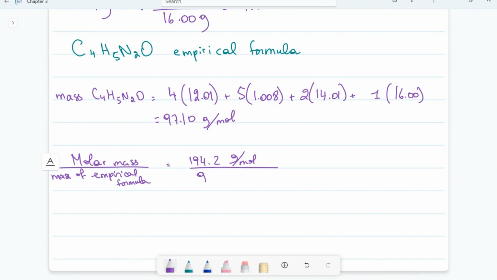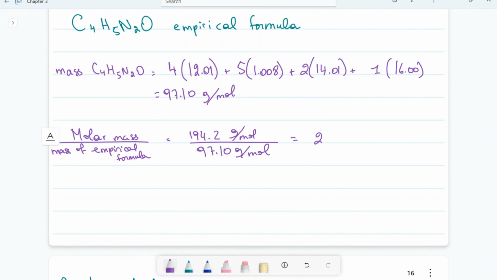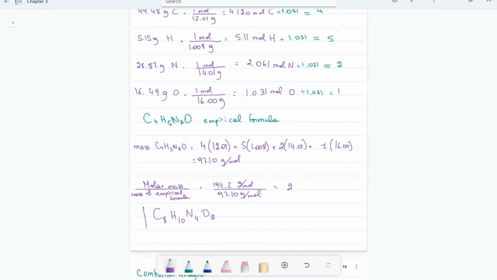So we divide it by 97.10, and this would give us an answer of 2. What do we do with this 2? We take the empirical formula and multiply all of these subscripts by 2, so we get C8H10N4O2. And this is our molecular formula.